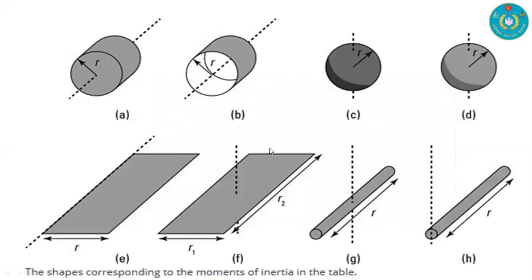Here we have different shapes of objects, from A to H. Observe all these objects. Previously we have shown you some of the equations for these shapes.